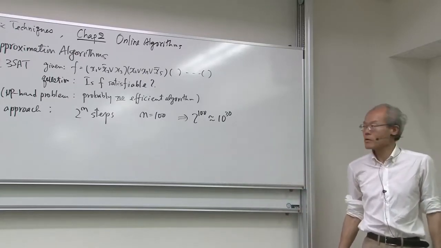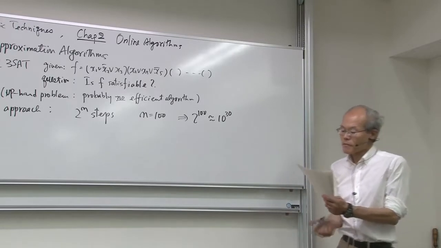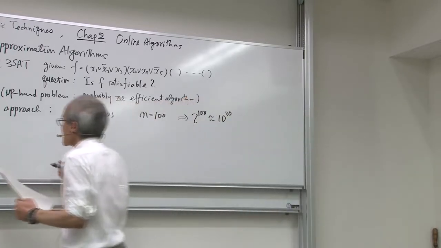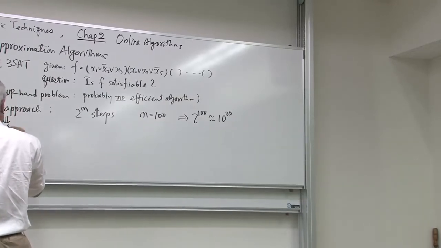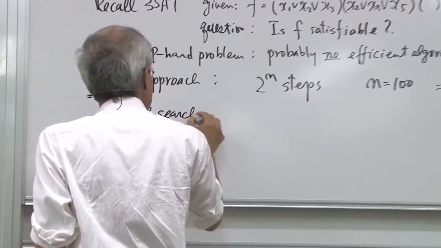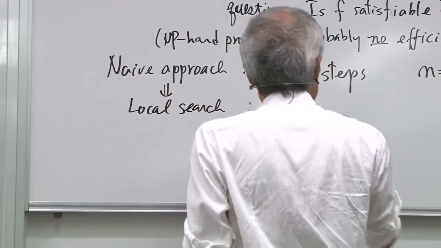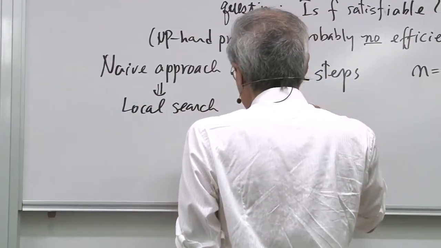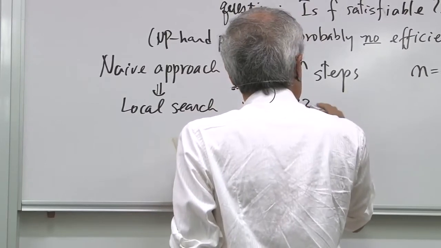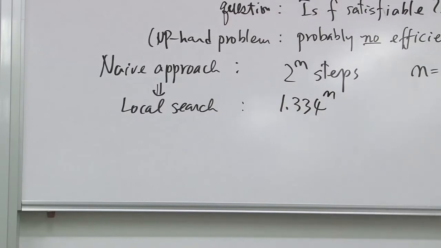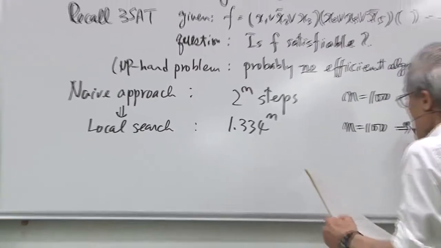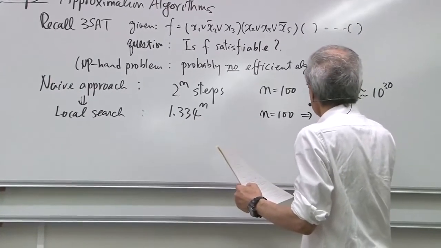Definitely it's impossible. Okay? But fortunately, I told you that we have a nice algorithm based on local search. Then the complexity decreases to 1.334 to the n. Then if n is equal to 100, that is something like 10 to the 12.